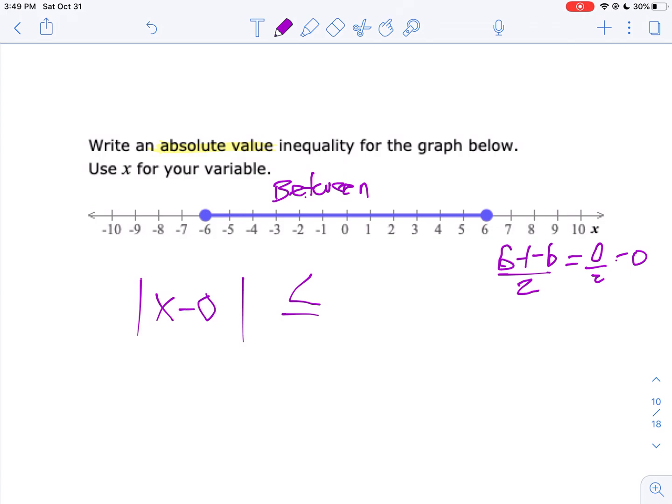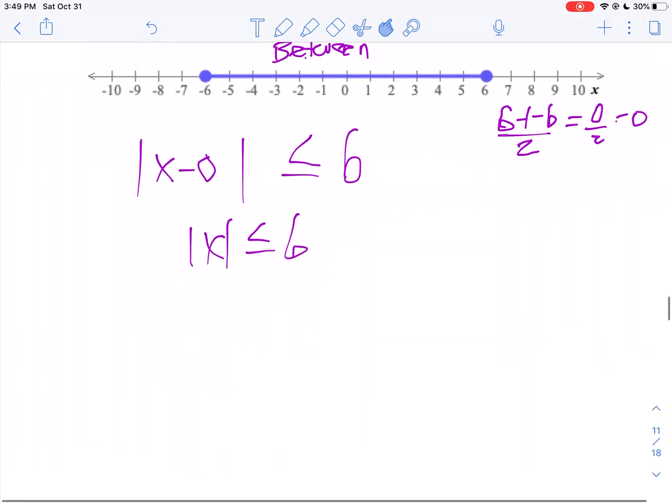Now, how far is 0 from either endpoint? From 0 to 6, it's 6. It's also 0 to negative 6 is also 6, but if we're talking absolute value, distance is positive. Now, a lot of times, instead of saying x minus 0, we'll just write the absolute value of x, which is less than or equal to 6. If you had any other number, you couldn't do that, but that's all we have to do on that one.